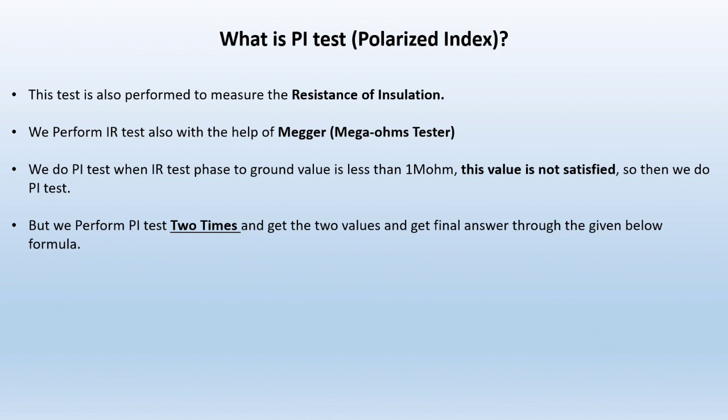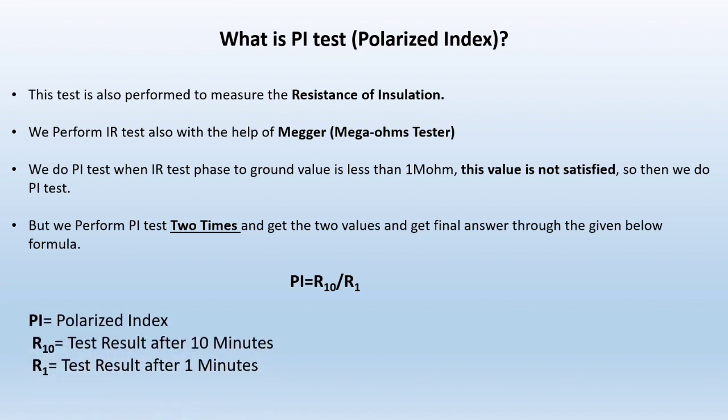We perform the IR and PI tests in one go, meaning the IR test we perform just one time, and we take the PI readings from it. How this way? First we will perform the test and take R10, which means we perform the test for 10 minutes and then take the result.